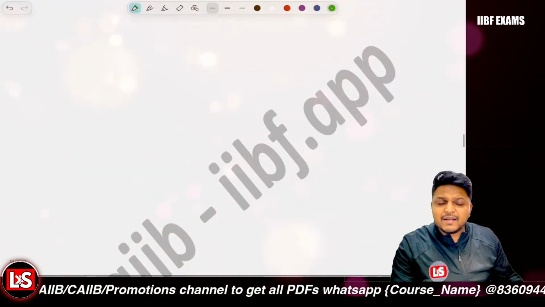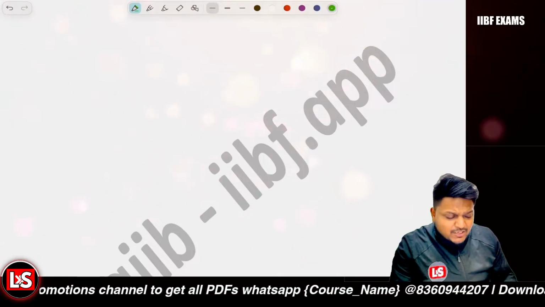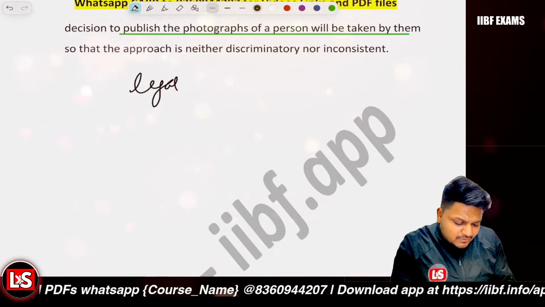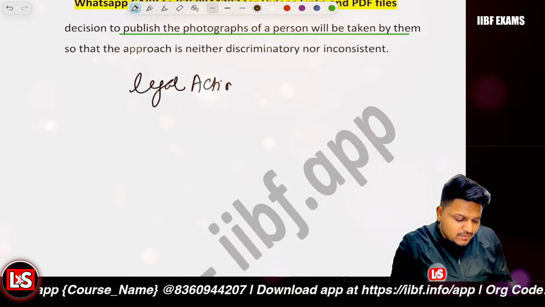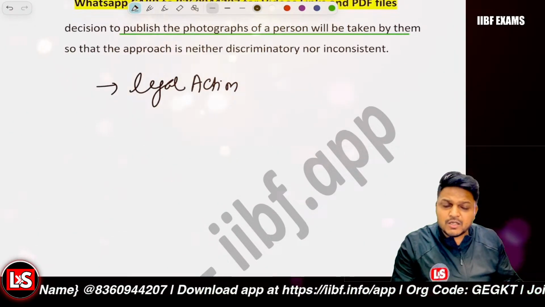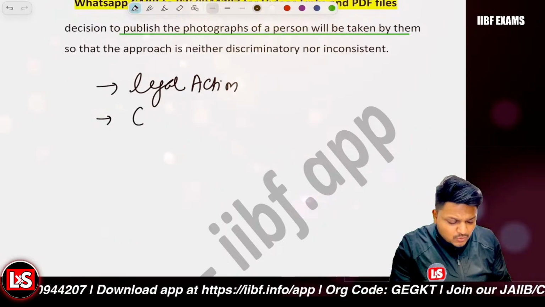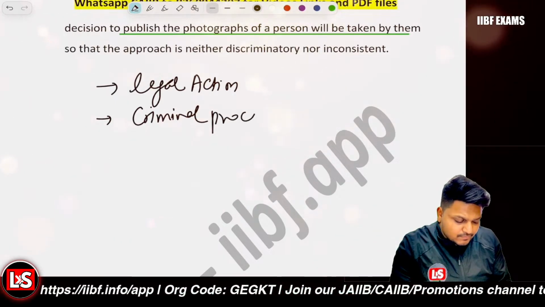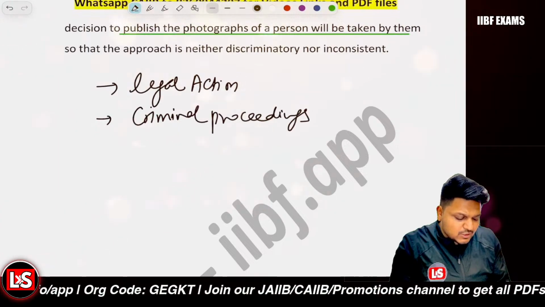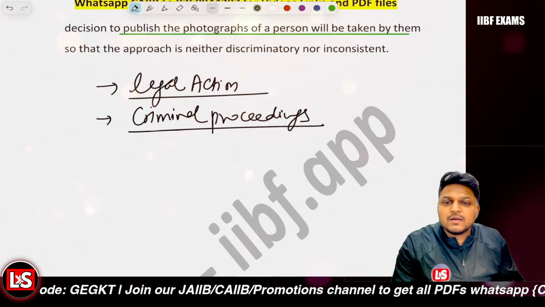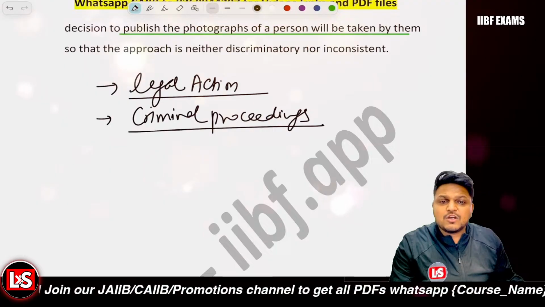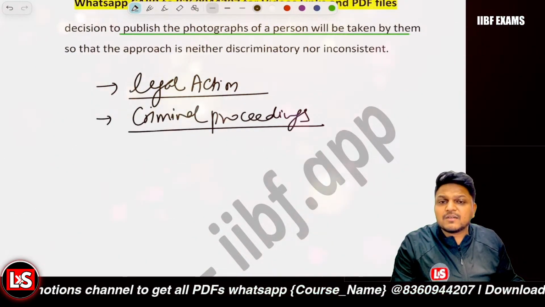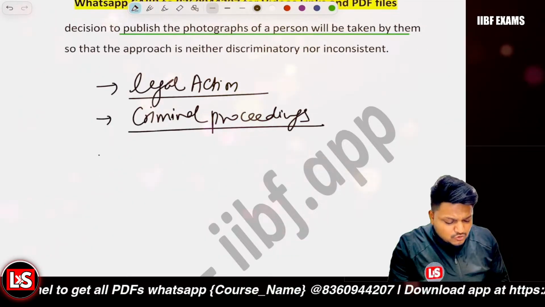Right? And what regulatory action can be taken against the willful defaulters? The legal action should be initiated as soon as possible. The bank can also go for criminal proceedings, if fraud or siphoning of funds is there, and the same is to be reported.